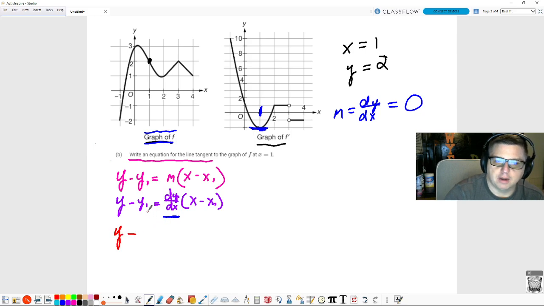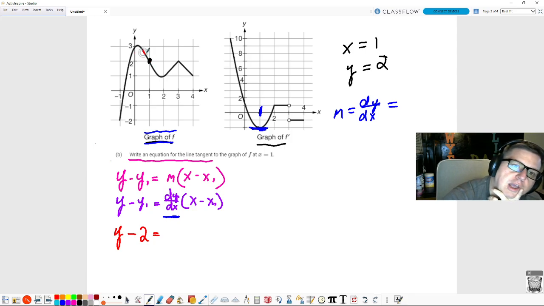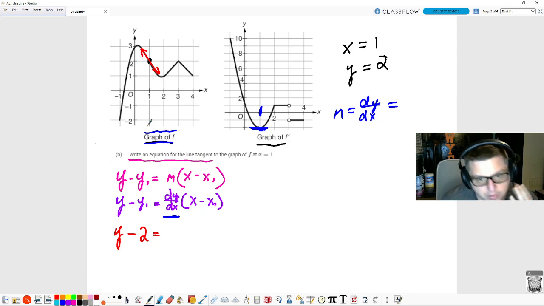So now let's plug in our values. So y minus y1, which is 2. Our dy dx, which when we look at the value or the slope, I'm screwing up again. When we look at an instantaneous rate of change, we're looking for this slope right here. That's what the slope of the tangent at that point is.